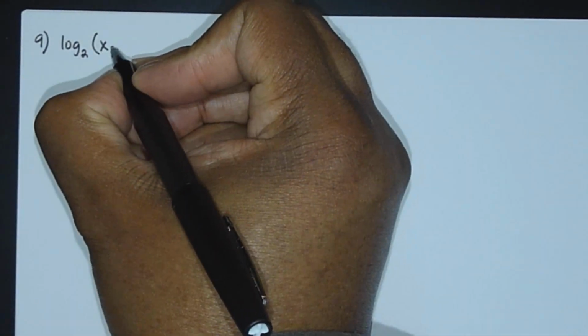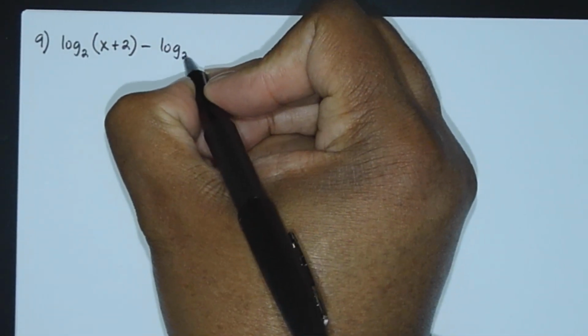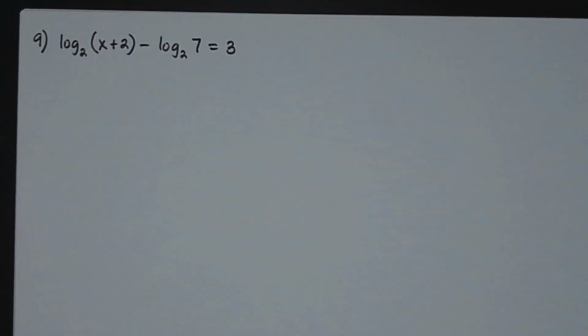So in problem number 9, we've got log to the base 2 of the quantity x plus 2 minus log to the base 2 of 7 is equal to 3.